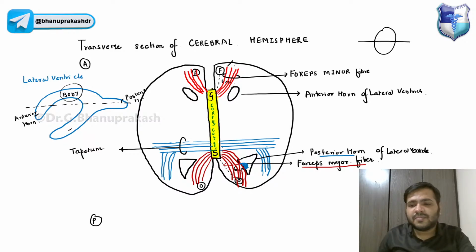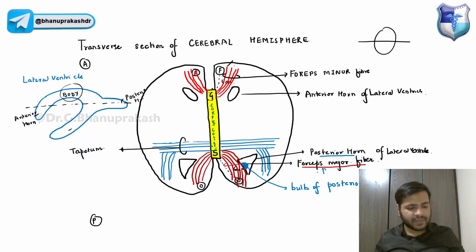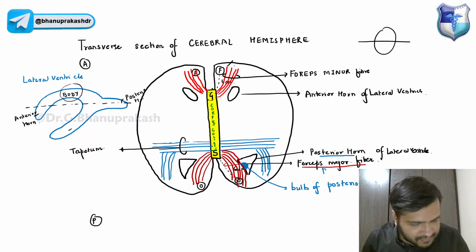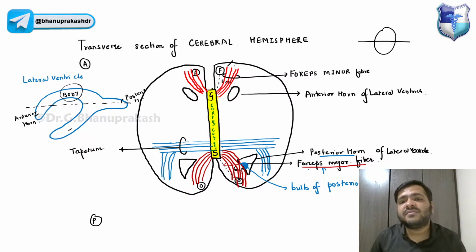This structure is called the bulb of the posterior horn. This bulb, this elevation, is produced due to the forceps major fiber.